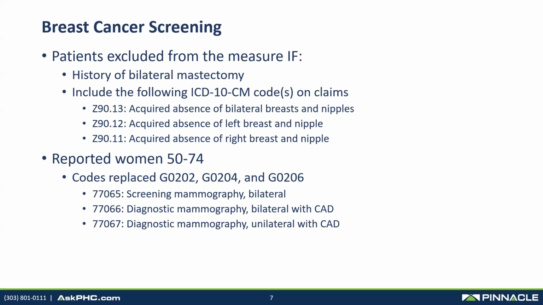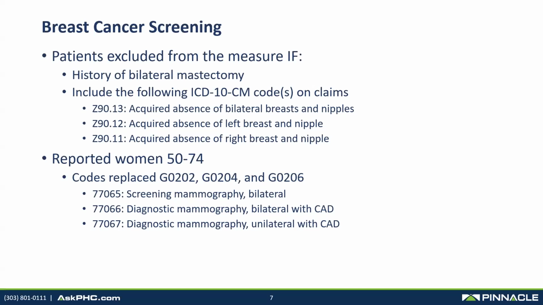So, I'm sorry, include the following diagnosis codes on your claims if this patient has been excluded from the measure because the patient no longer has breasts to screen: Z90.13 for the acquired absence of bilateral breast and nipple, Z90.12 for the acquired absence of the left breast and nipple, and Z90.11 for the acquired absence of the right breast and nipple should be reported on the claim.